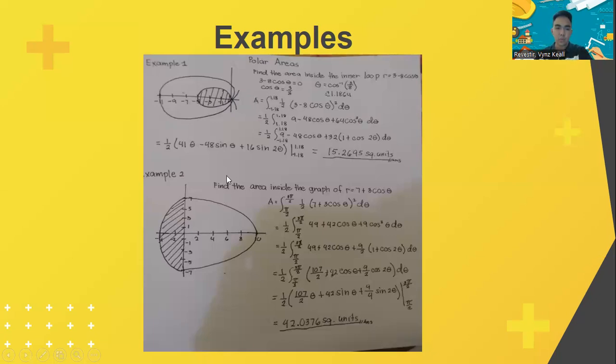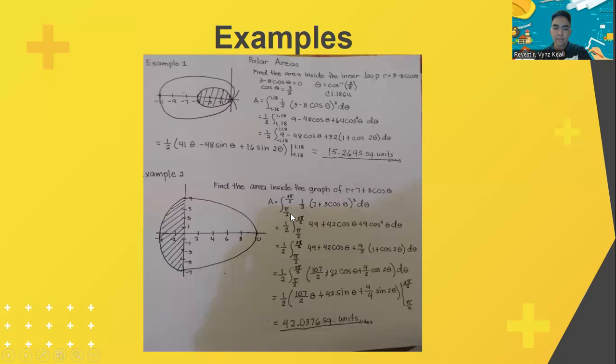So example number 2. Find the area of the graph of r equals 7 plus 3 cosine theta. This is the graph. So the area is equal to the integral of 1/2 times (7 plus 3 cosine theta) squared d theta.